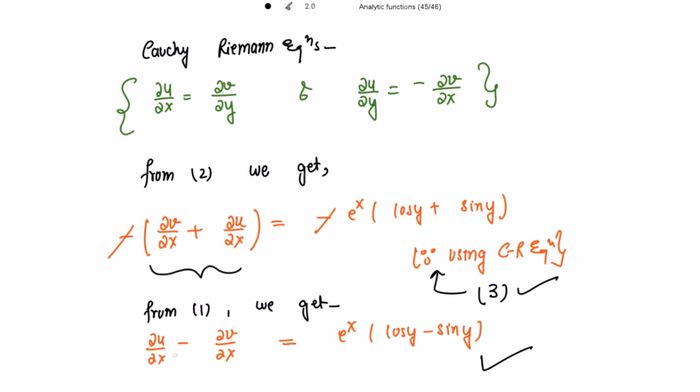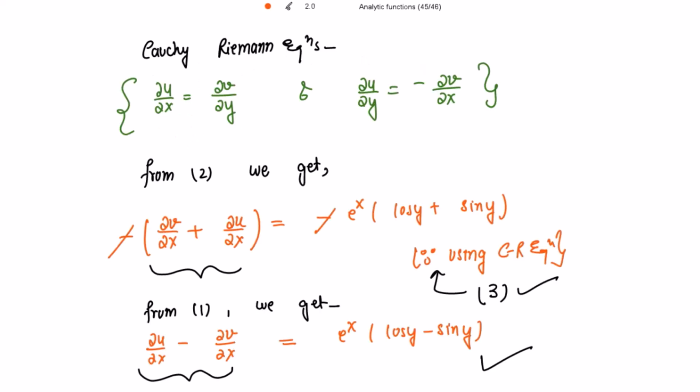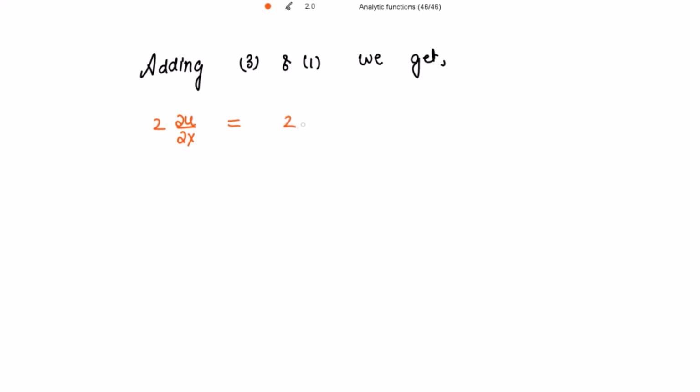When adding, the left hand side gives twice ∂u/∂x equal to, on the right hand side when we add, twice e^x cos y. Cancelling this 2, from here we get ∂u/∂x equal to e^x cos y.